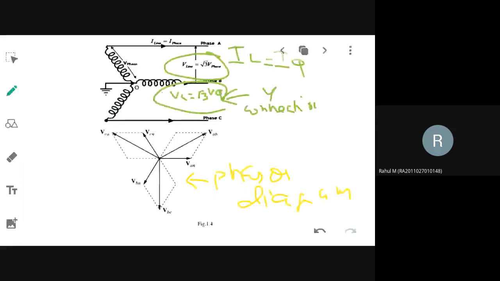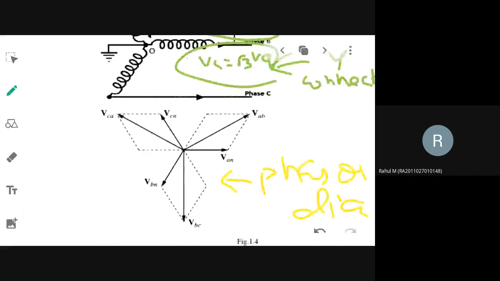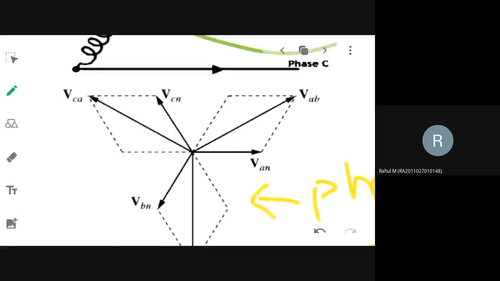Now there are phase voltages and line voltages, for which I have drawn the phasor diagram. All the phase voltages and line voltages are displaced from each other by how much angle? VAB is what voltage? Line voltage.